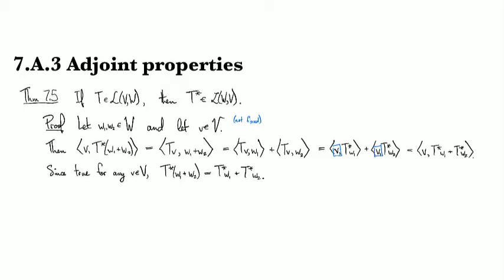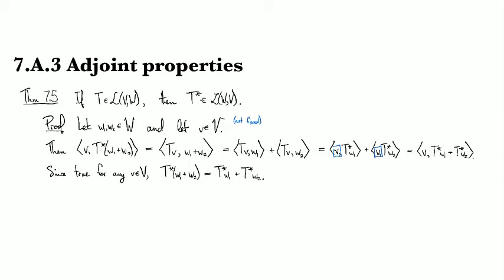And then that's the equality that we need for seeing that the map, the adjoint, is additive.